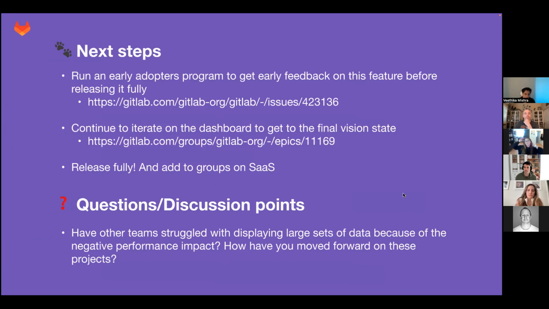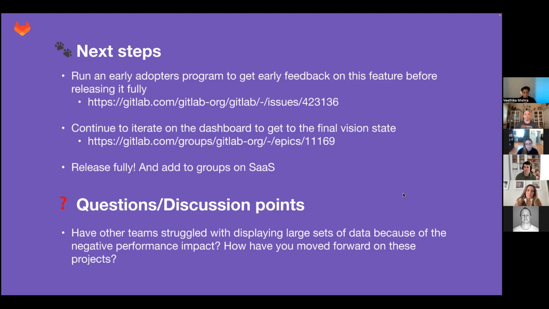So our next steps, as our team moves on with this dashboard, we're going to run an early adopters program to get feedback on the feature before releasing it fully. The reason we need to do this is that for self-managed users to use this dashboard, they have to enable the feature flag, and then they also have to do specific things to get ClickHouse to work. So we're going to run them through a whole setup document for them to be able to do that.